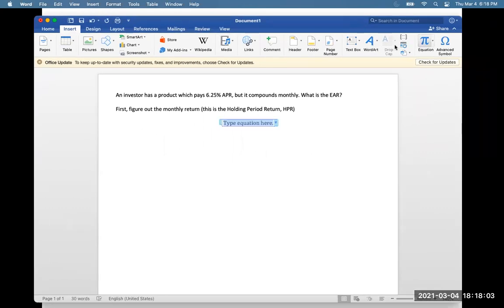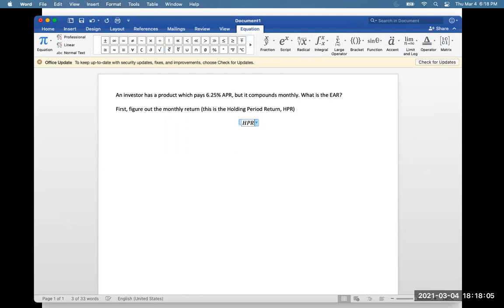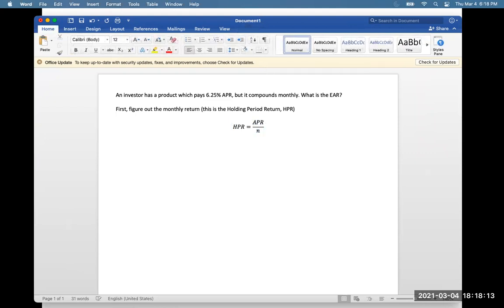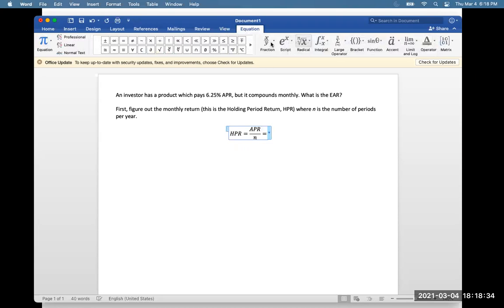I'm putting the formulas here because I'm going to post this to Canvas. So HPR is equal to APR divided by N, where N equals a number. My APR is 6.25%.